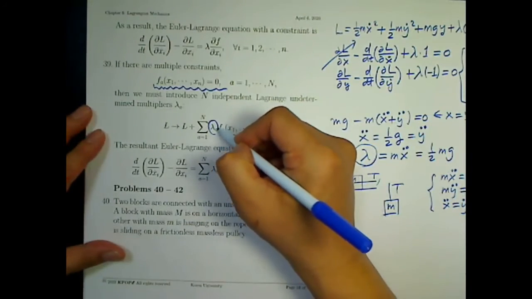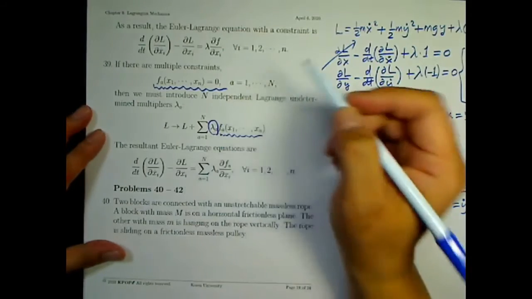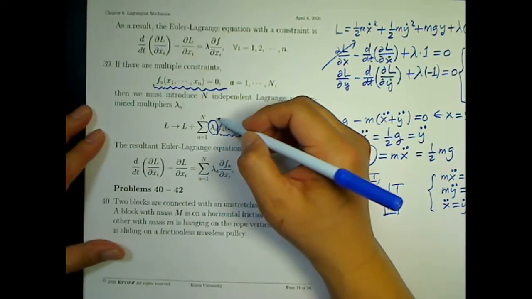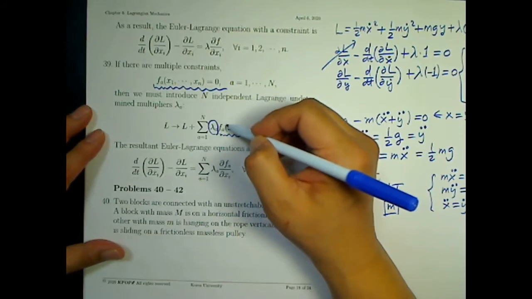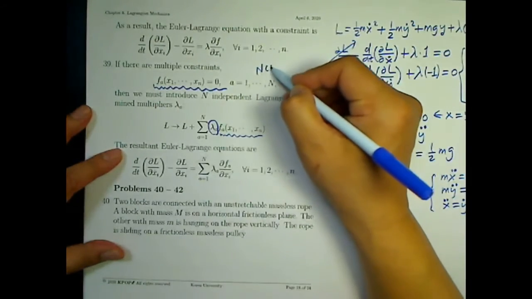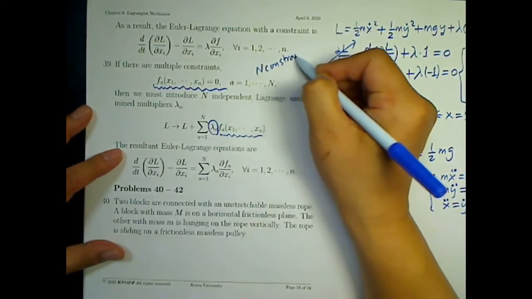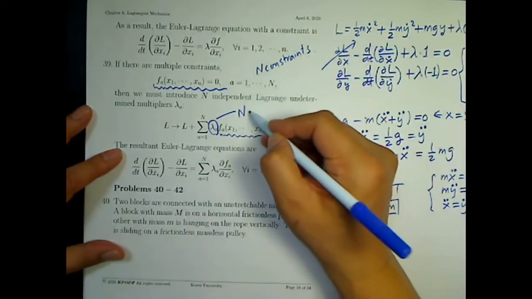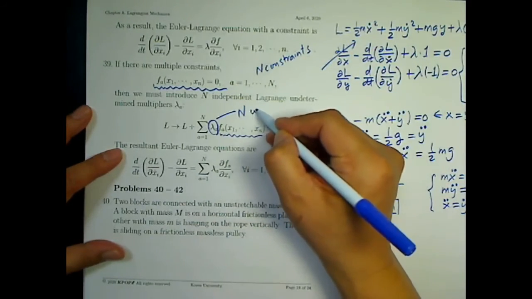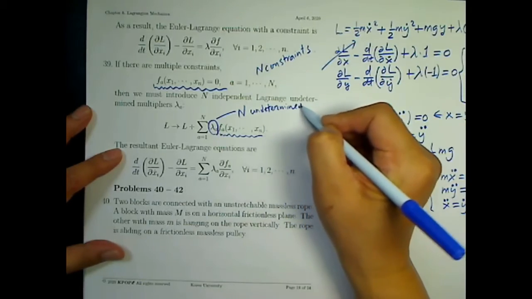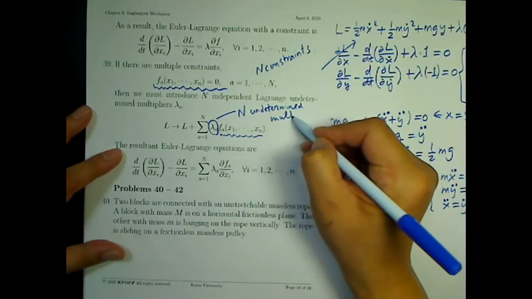Here we have introduced Lagrange undetermined multipliers for each constraint. So there are n constraints. Then we introduce n independent Lagrange's undetermined multipliers.